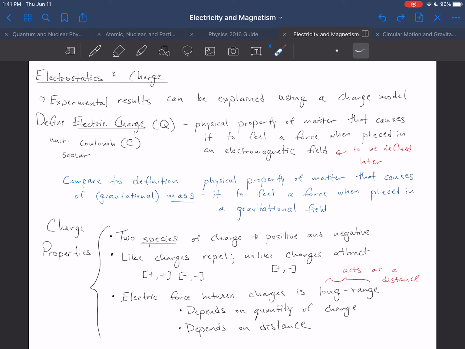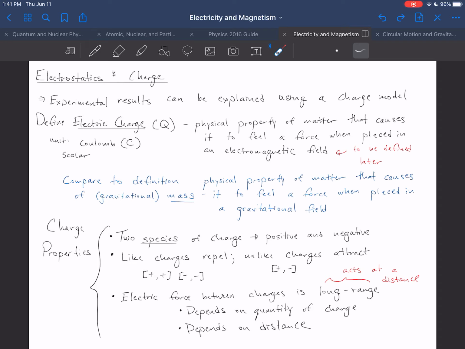Now, in conducting these experiments, we can come to what is called a charge model. We're going to say, from these results, we can explain them if we hypothesize this thing called electric charge.